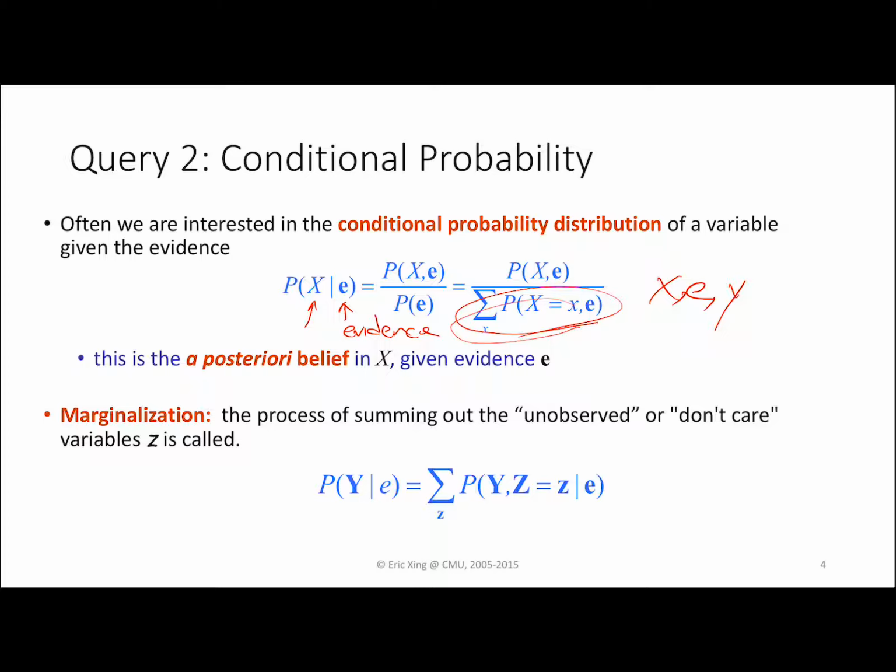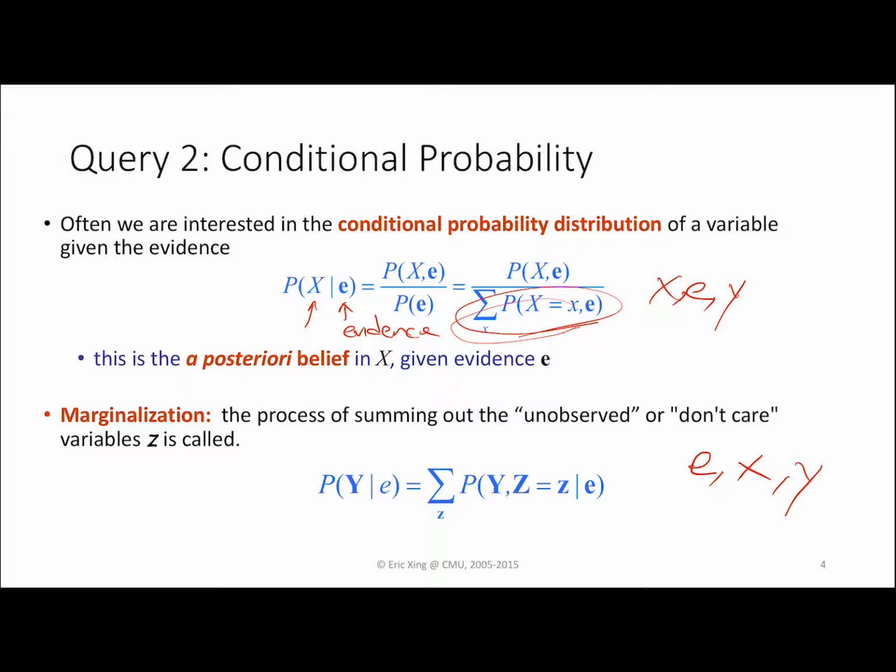Another important thing is that x, which is the quantity that you want to estimate the posterior probability of, might not be all of the unobserved variables. It might be only a subset of random variables. So your entire model might have the relationship between e, which you have already observed, a subset of random variables x that you are interested in computing, and a subset of variables that, quote unquote, you don't care about.